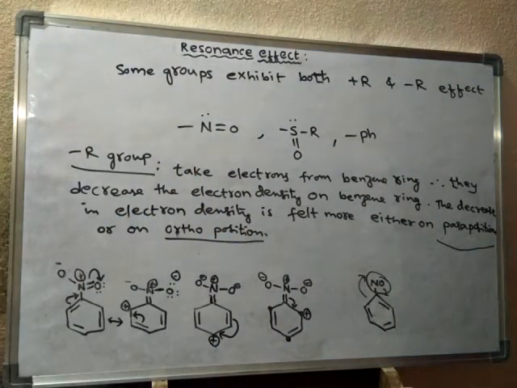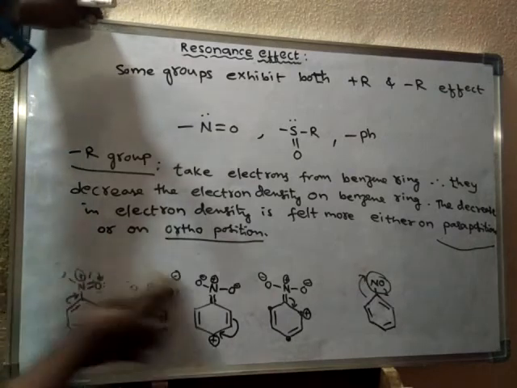Here the decrease in electron density on the meta position is not that much. Though there is a decrease even on the meta position, it is not that much felt there. So the effect is more on the para or ortho position.